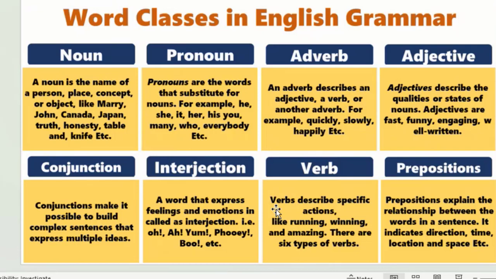Now here, there's no classification of exactly the types of conjunctions that we have, but it's a conjunction. You simply learn about this and understand how to use a conjunction, how to use a verb.